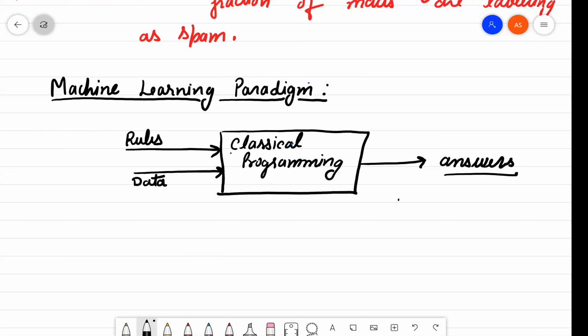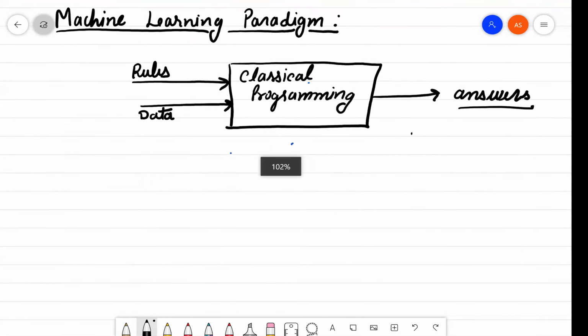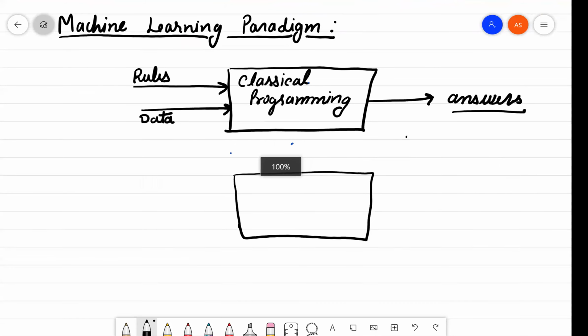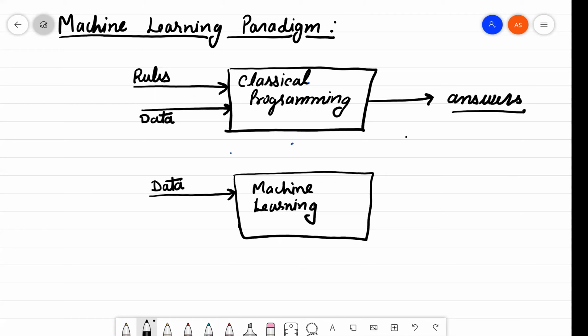But the same work we can do with the help of machine learning. Then what will be the difference? If we are using the machine learning approach, we have certain data and answers.